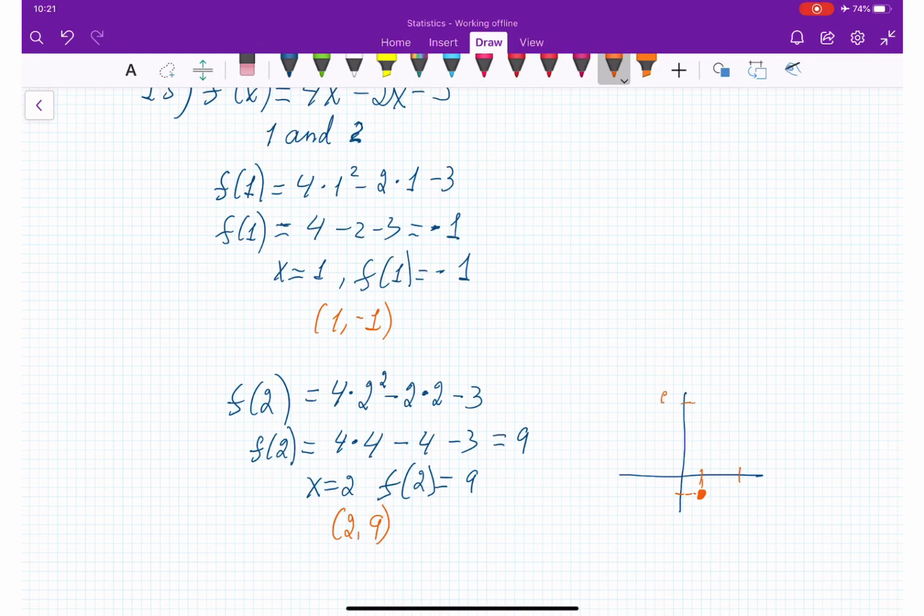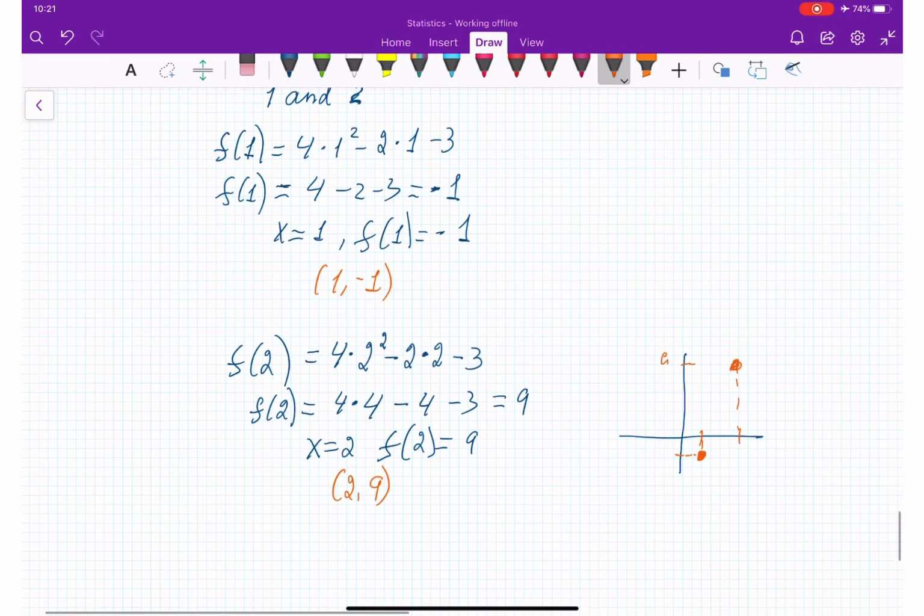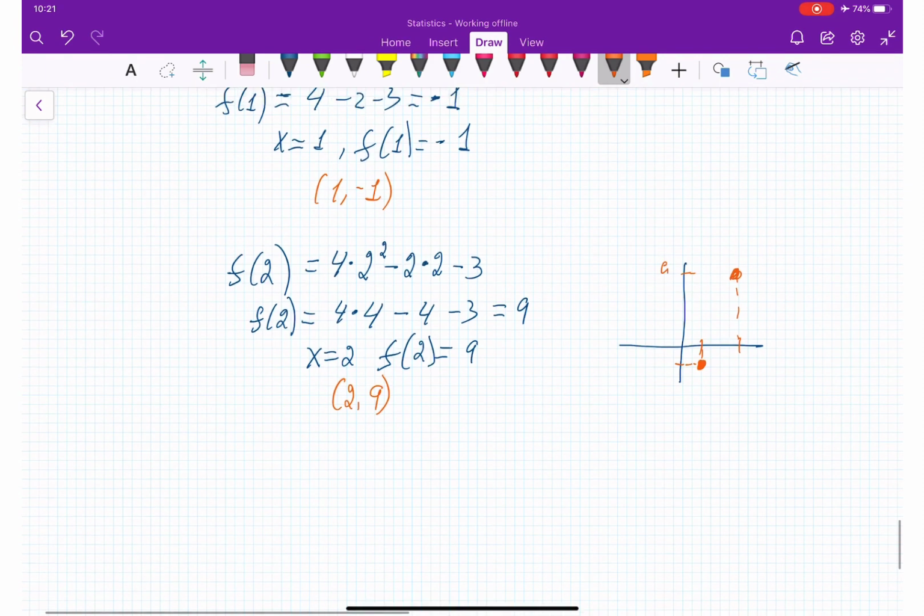Let's say this is 9. This is another point, yes? So what do we get? 1 point here, 1 point here. So if I connect them, it's going to cross here, right? The x value, correct? Which means there is a value of 0 here, right? Of y equal 0 at this point, correct?